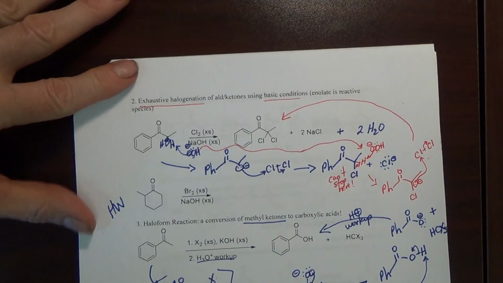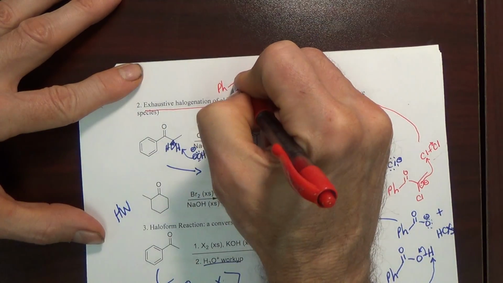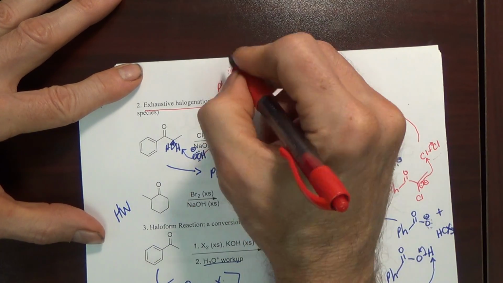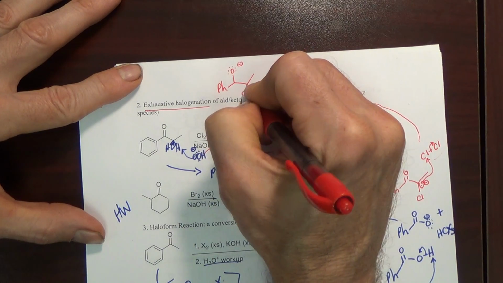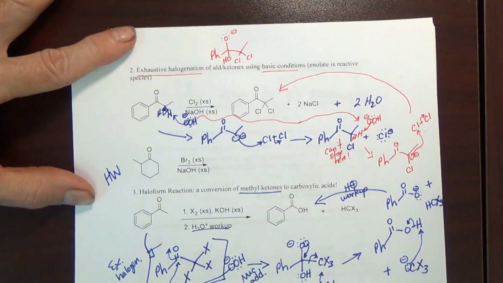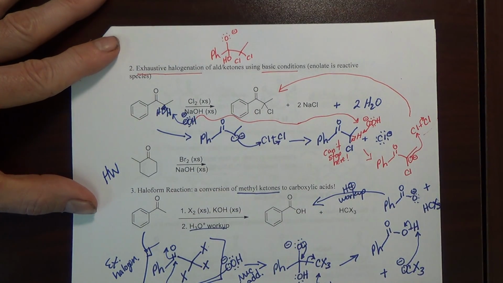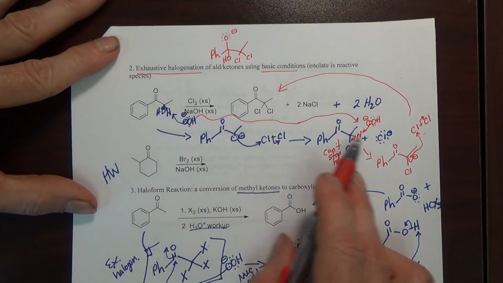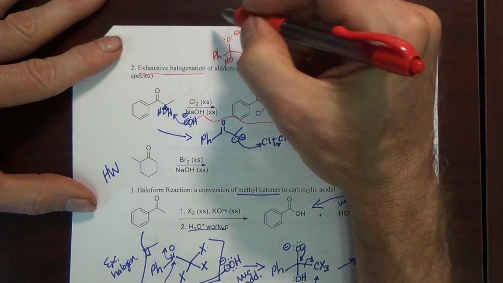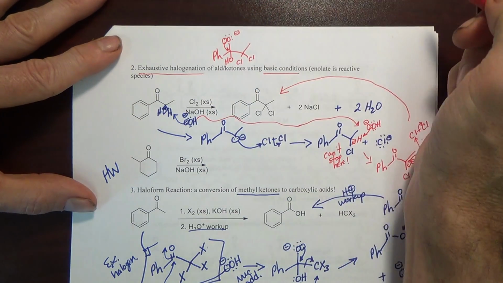And so here, that hydroxide is probably adding to the carbonyl, all the way through. But nothing happens. There's no leaving group. The only thing that can happen is that carbon just won't leave.